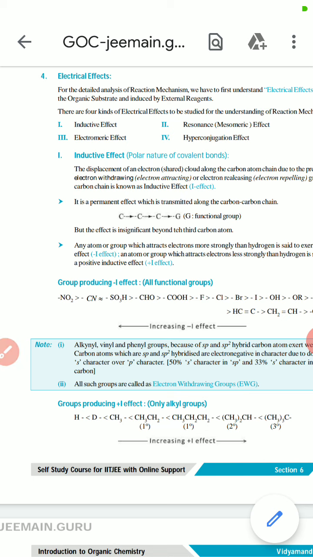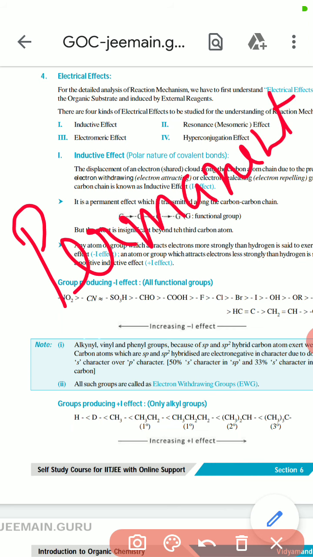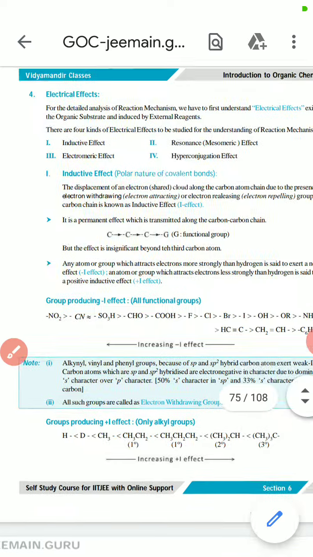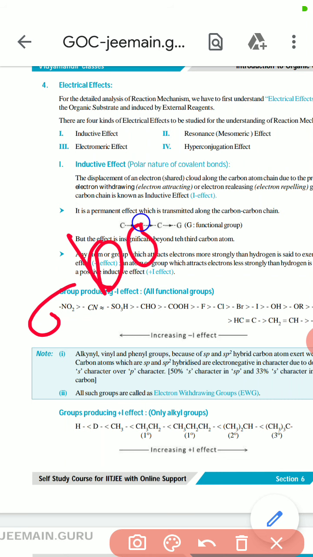Another thing about inductive effect is that it is a permanent effect. It is not a temporary effect. Another thing is that inductive effect operates through sigma bond.